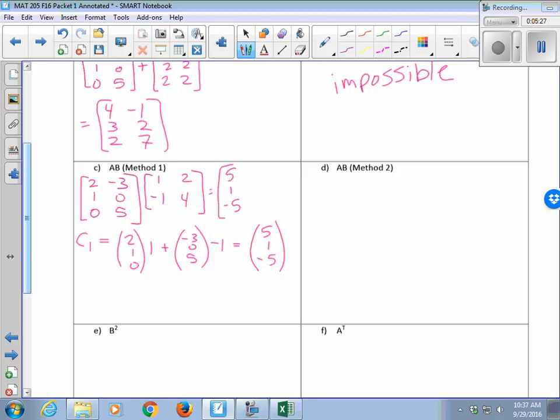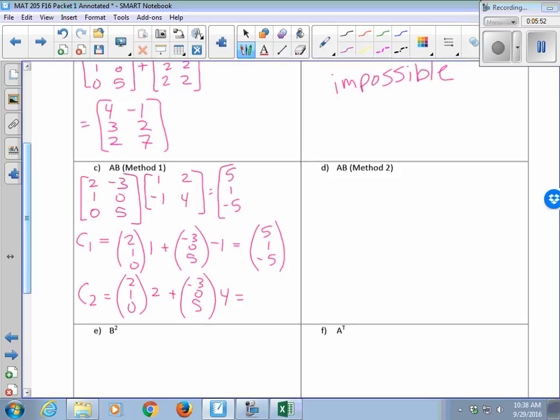Then I do this again. I take my whole first matrix A, and now I focus on the column 2, 4. So the column 2 of my result is going to be 2, 1, 0 times 2 plus -3, 0, 5 times 4.